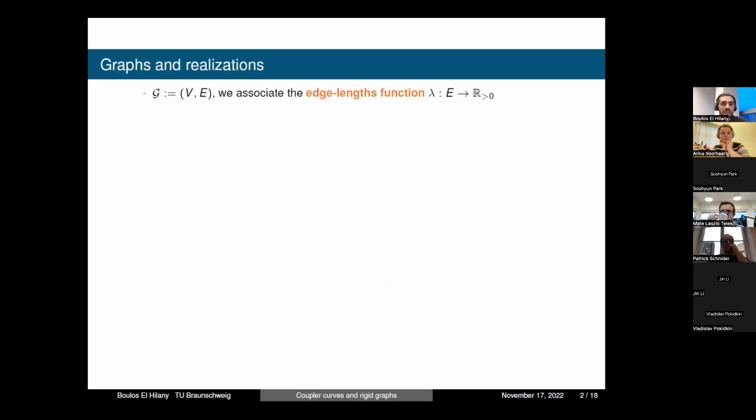So if we take a certain graph, we have a bunch of vertices and edges, and we can associate to it something called the length function. It's a function that takes each edge and gives me a certain positive value. And to this function, I can define the lambda realization.